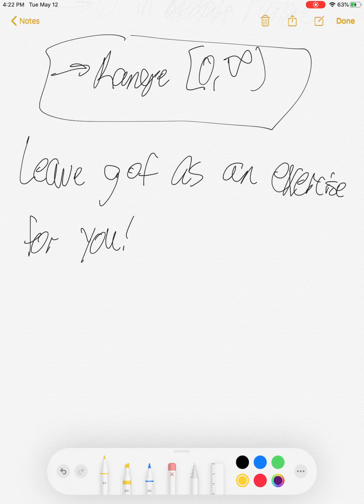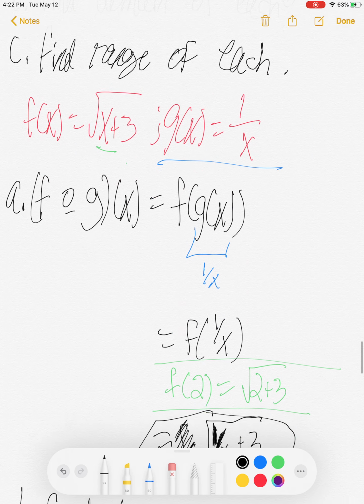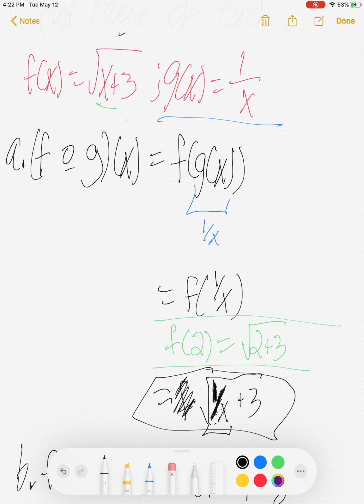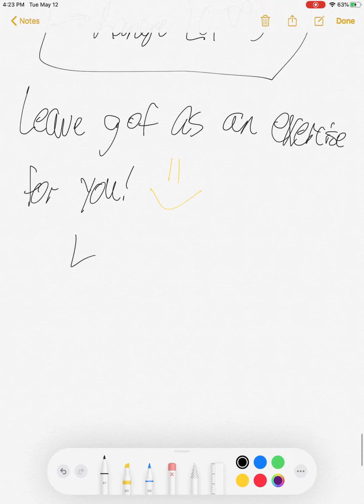I'll put a smiley face so that you don't hate me. See, I'm happy. You're happy. You're not sad. You're going to follow the exact same procedure we followed here, but it's going to look a little bit different because rather than f of g of x, you'll have g of f of x.